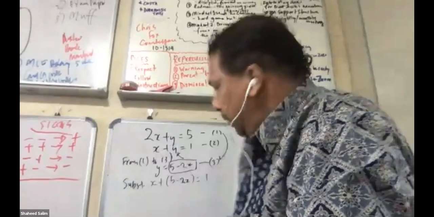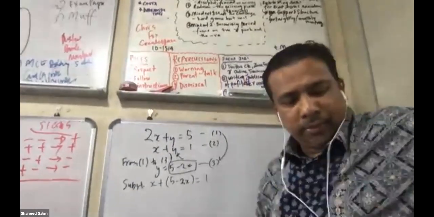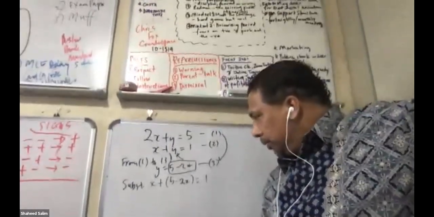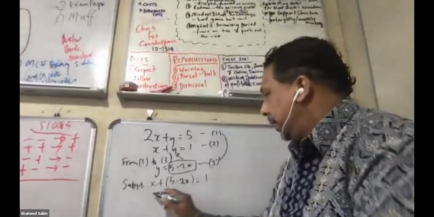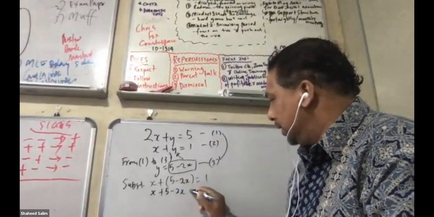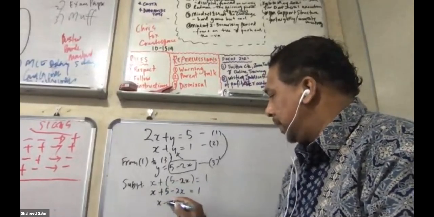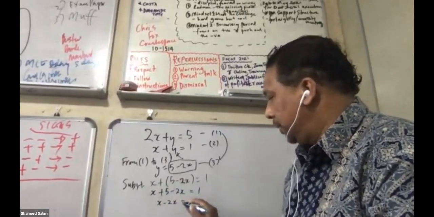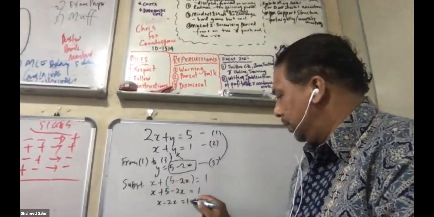There you see, now look, the next step. Come on, you can do this. You remove the bracket. x plus 5 minus 2x equals 1. So x minus 2x. I bring the 5 over that side, 1 minus 5.